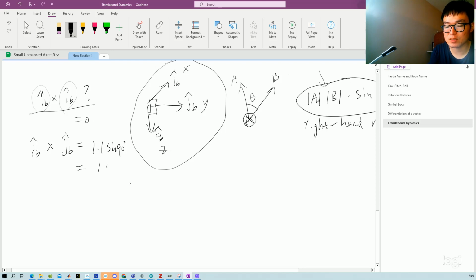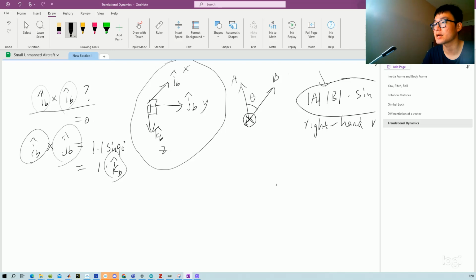But remember, this has a direction as well, so apply the right hand rule, cross product from IB towards JB. It gives you KB. So essentially, IB hat cross product with JB hat equals KB hat.